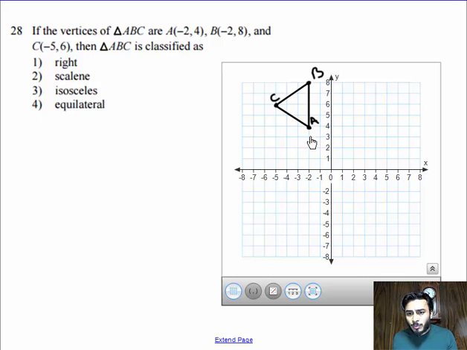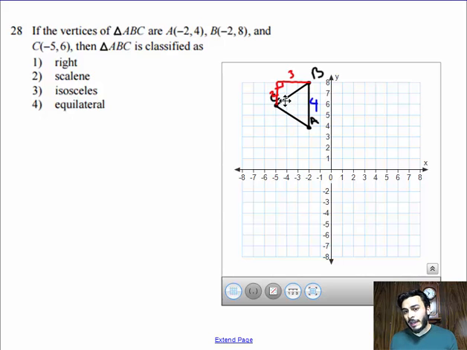Just because I'm a more visual person, I can see from here that the length of AB is 4 units, counted from 4 to 8, 4 units. Now, to get the length of CB, I can go ahead and use the Pythagorean theorem by forming a right triangle here. And then the length of this leg is 3, the length of this leg is 2. So I'll use the Pythagorean theorem to find the hypotenuse CB.